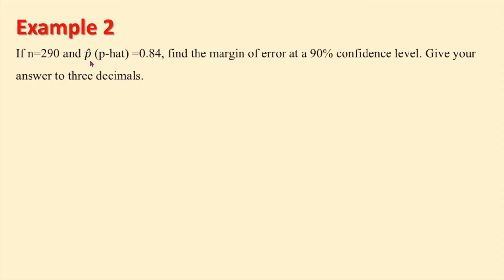P hat, the proportion, is 0.84. We are asked to find the margin of error for 90% confidence label and give your answer to 3 decimal places.